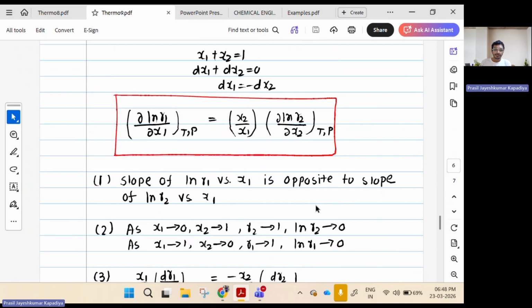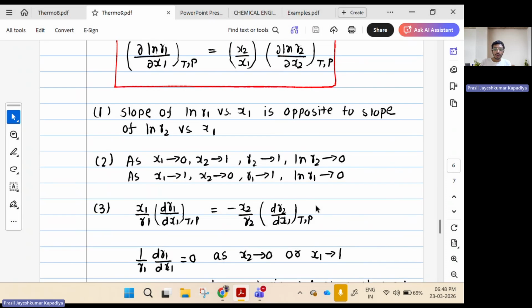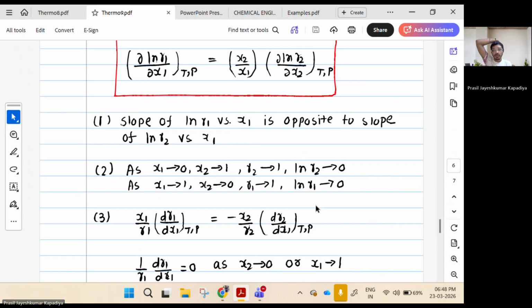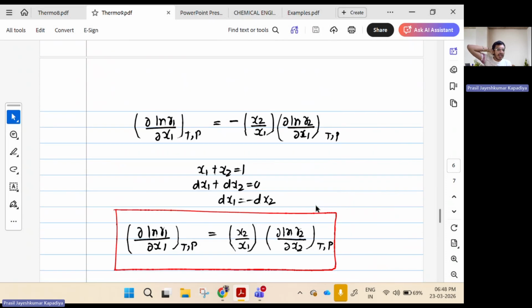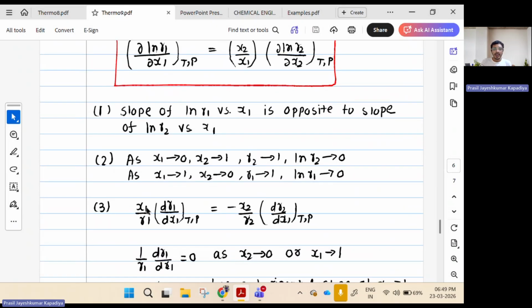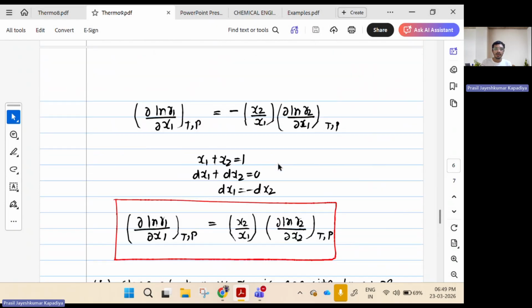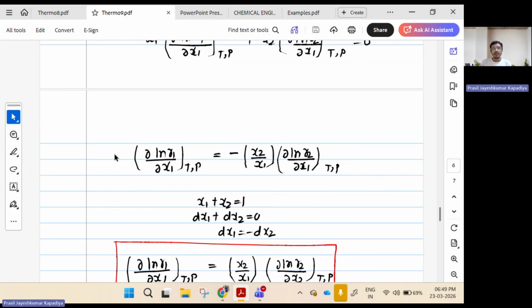Okay, now from this equation, del ln gamma 1 by del x1 is equal to minus of x2 by x1 del ln gamma 2 by del x1. What can I write? Del ln gamma 1, ln gamma 1 can I write as 1 upon gamma 1 d gamma 1. Similarly, x1 times del ln gamma 1 by del x1.